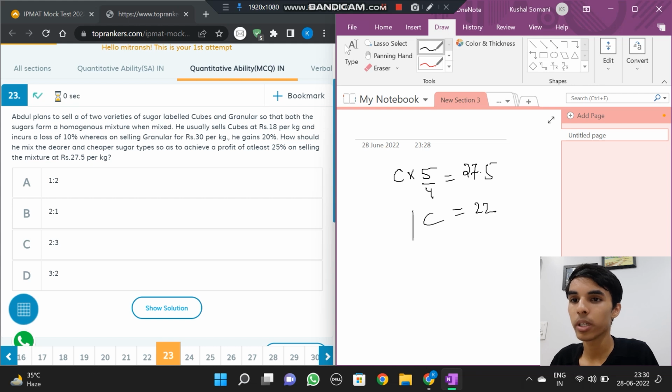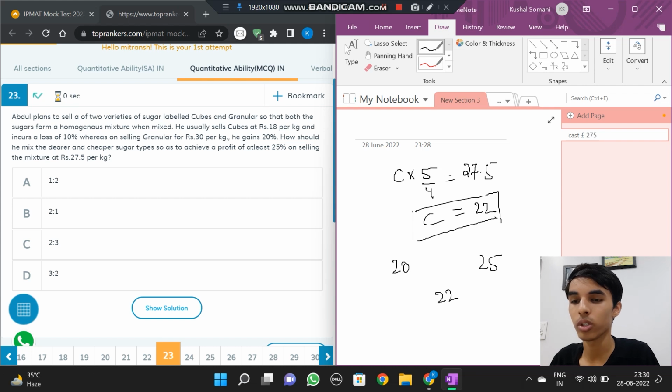Now the cost of this mixture is 22, and we need to find the ratio between the dearer and the cheaper sugar types. So the cubes are of rupees 20, the granular is of 25, and the mixture is of rupees 22.